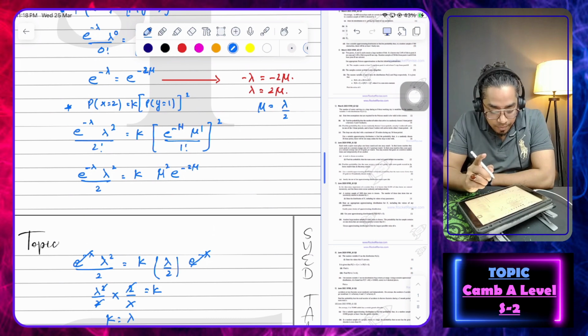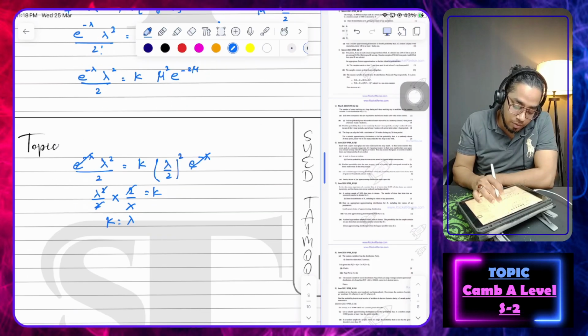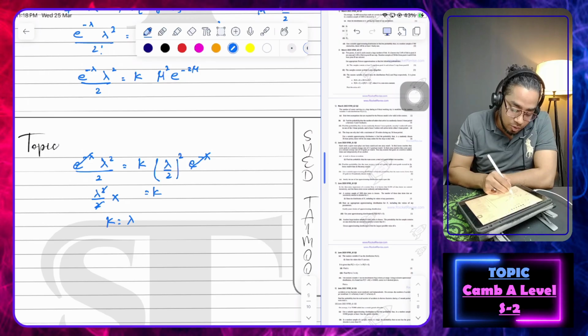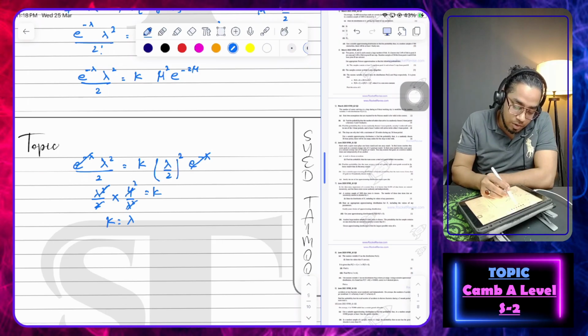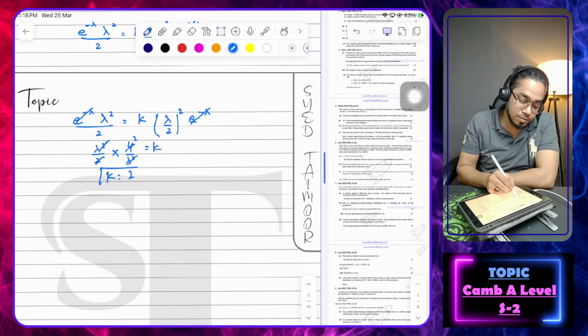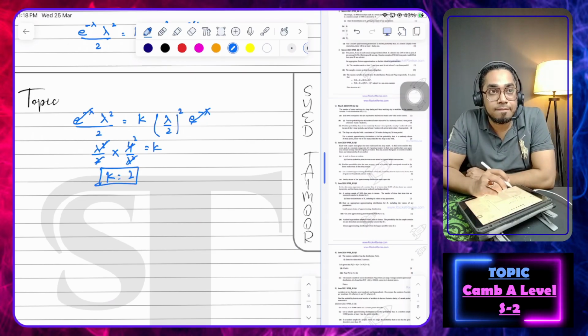It's 2 also. So it is square over here. If it is a square, it is going to be 4 over lambda square. So lambda square and lambda square will be cancelled. So 2 into 2, k will be equal to 2 in that case. Is that clear? You there?